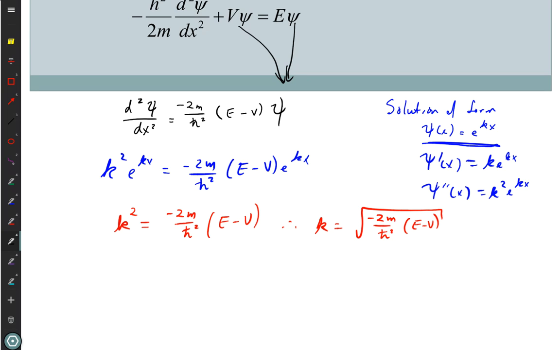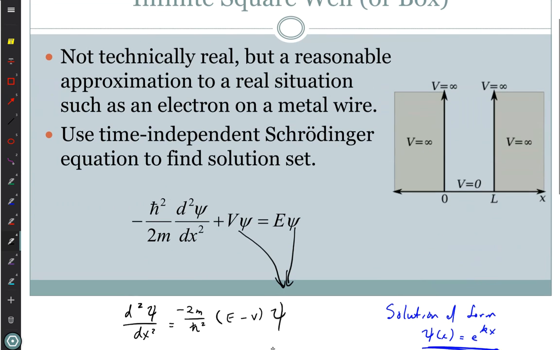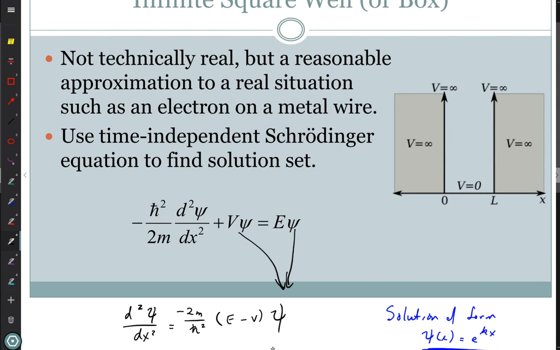Okay, let's look at our different regions. Our different regions are region Roman numeral 1, region Roman numeral 2, and region Roman numeral 3. In region 1, V is infinity. So what is E minus V if V is infinity? It's just minus infinity.